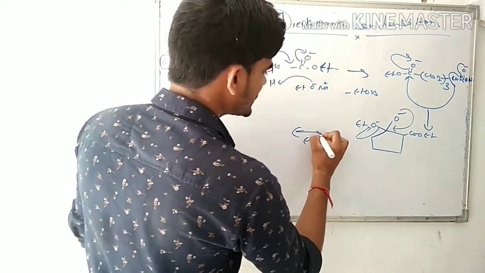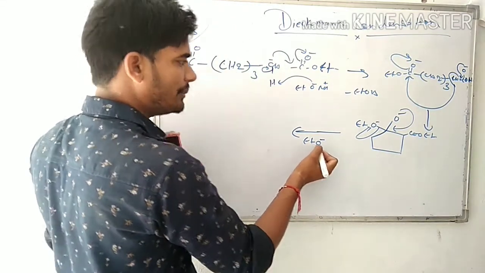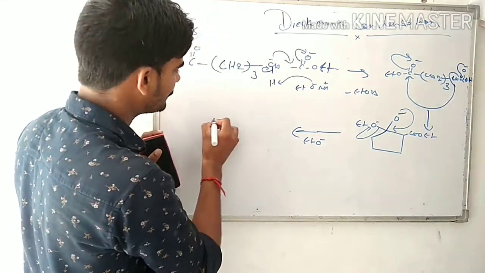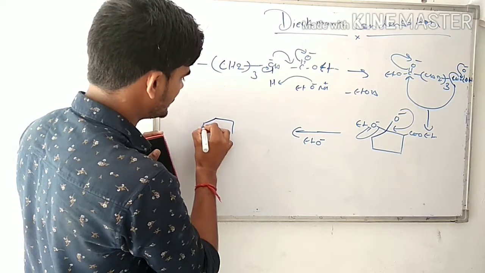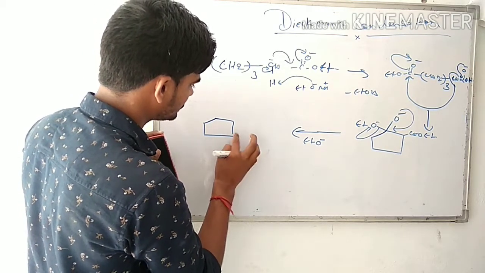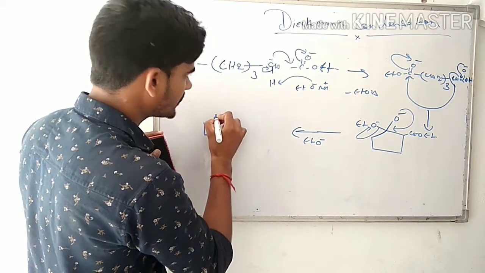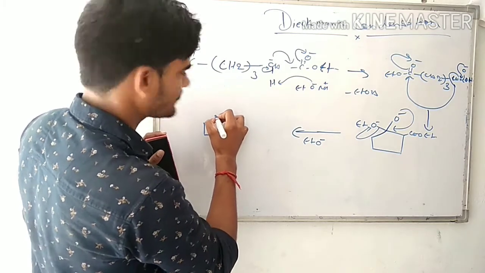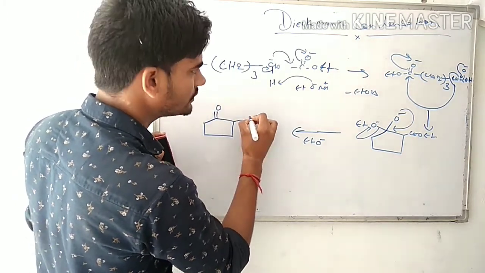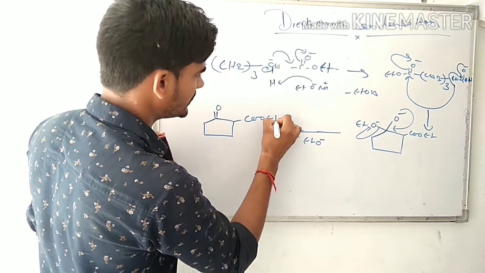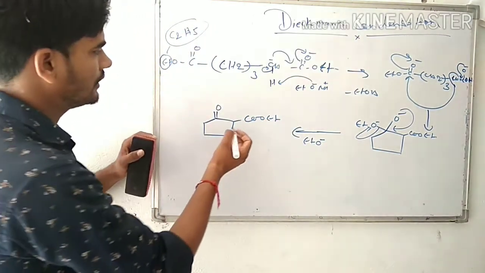EtO-. This is also removed as a base and forms a product like this, double bond, COOEt.